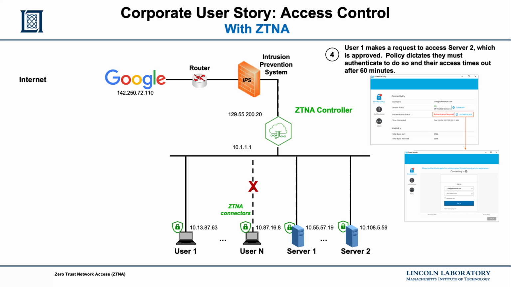And so they're presented with an opportunity to do multi-factor authentication again, and they're granted access to server two. Perhaps not indefinitely though. Perhaps they're given a timeout window to have access to server two. In this example, we've picked 60 minutes. And at the end of that 60 minutes, then their connection to server two would be severed unless they re-authenticate to continue to have access to server two.